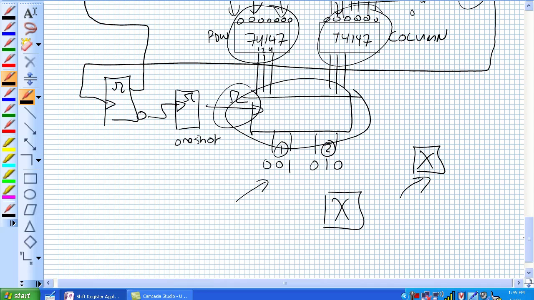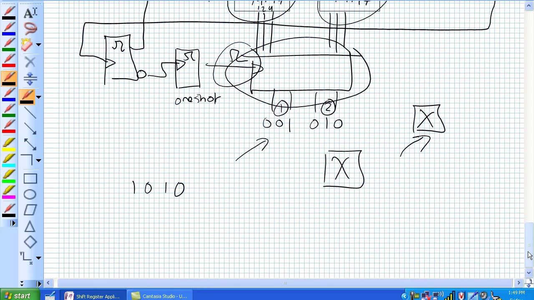One of the things to keep in mind, let's say you are trying to parallel load something. You're trying to parallel load 0, 1, 0, 1 and 1, 0, 1, 0, and you're constantly getting out 1, 1, 1, 0, and you're like, okay, let's put in 1, 1, 0, 0, 0, and you get out 1, 1, 0, 0.